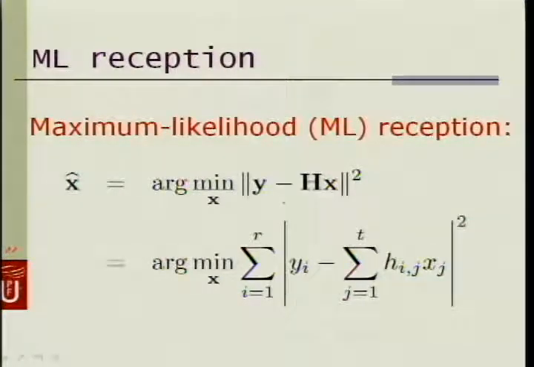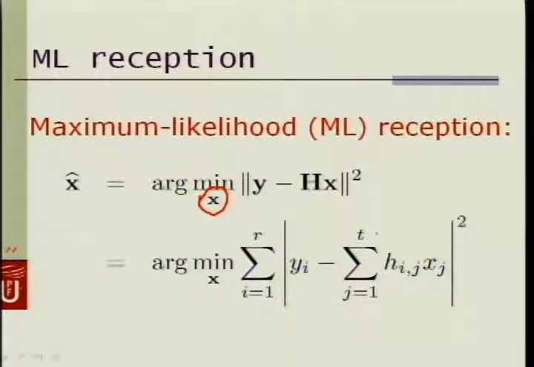Okay, that's formally okay. If we expand this norm, we discover that the number of calculations is proportional to the number of receive antennas and to the number of transmit antennas. In addition, if we minimize this distance with respect to all possible values of the transmitted vector x using a brute force approach, we have to list all values of the vector. The number of values of the vector may be considerably large, especially if we have a large number of antennas.